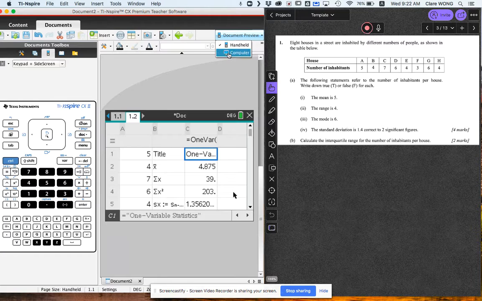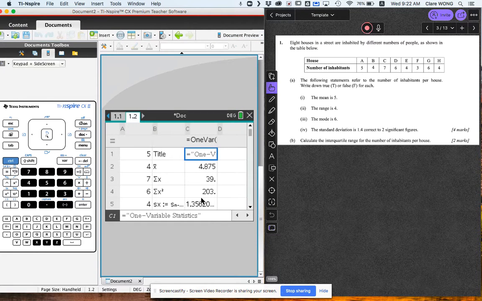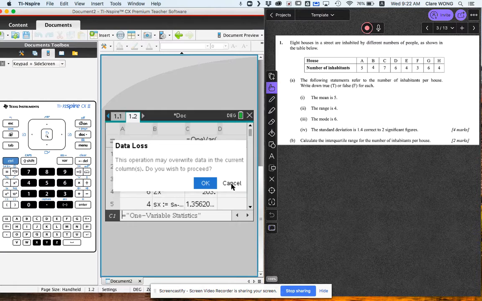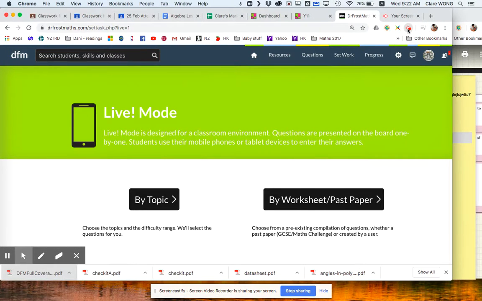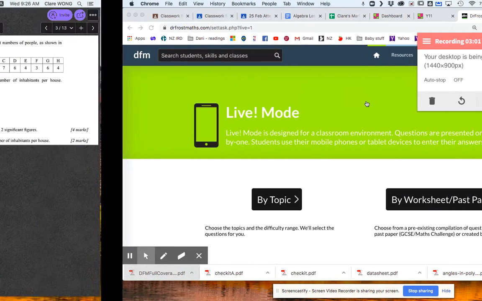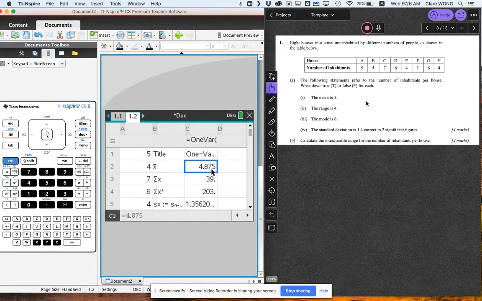So if I use my computer view, you should be able to see better. Hopefully, no, not really. Right, here, this is the mean. Right, as you can see, the mean, which is this, is equal to... the range.